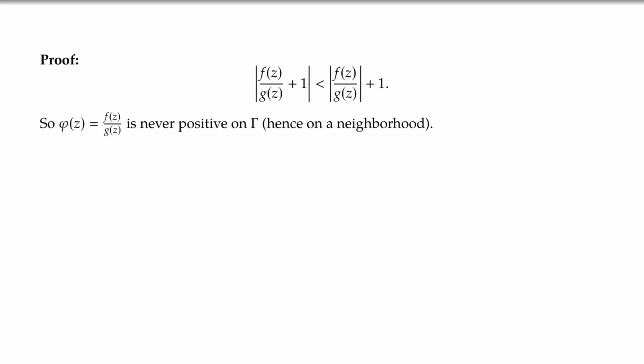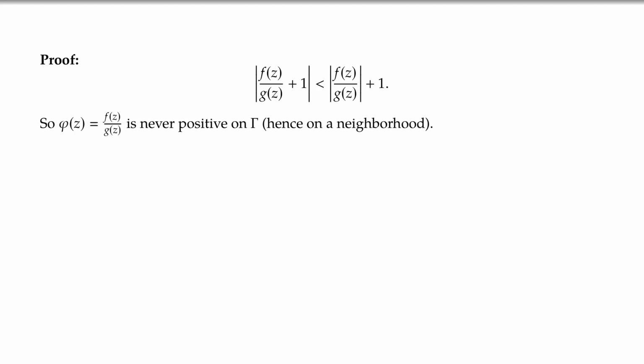All right. So let's look at the proof of this theorem. Let's rewrite the inequality as follows. That's just a little bit of algebra, and we look at the function f over g. Let's call it phi, just so that we don't have to keep rewriting it, and the formula later on will become a little nasty.